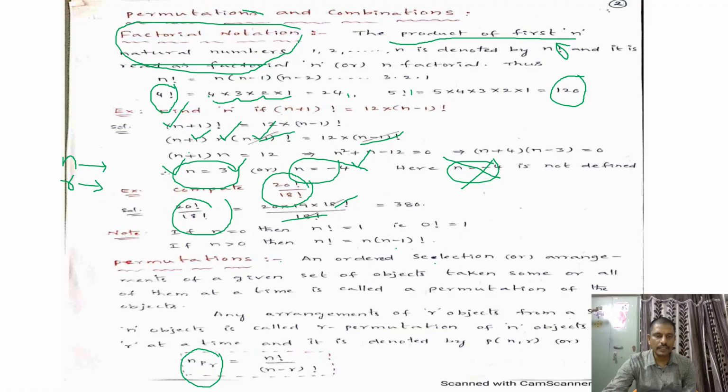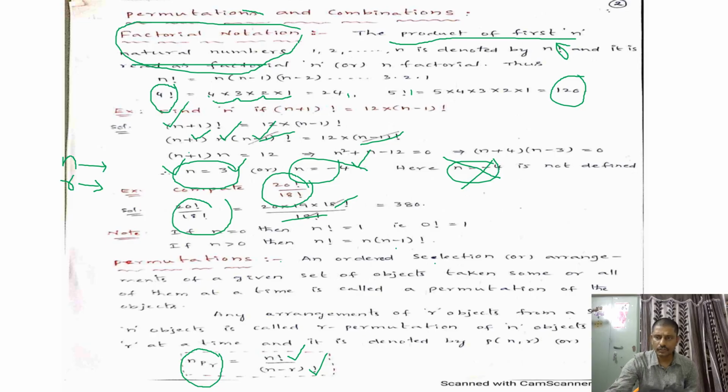So nPr means the number of permutations formed by the given n objects by taking r at a time. Here is the formula for nPr: n factorial by (n minus r) factorial.